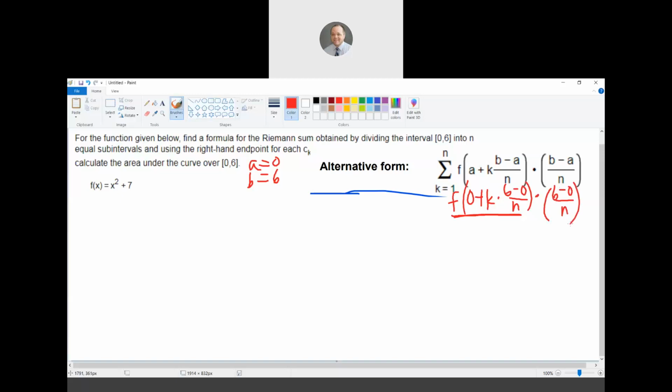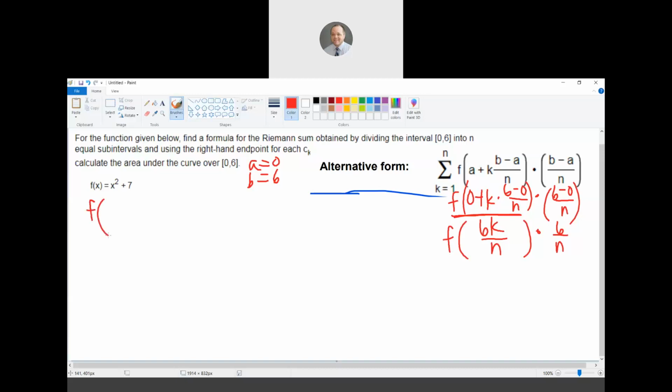So we got part of our formula done. This part, partially inside, will be 6k over n. So the 6k over n is what we're plugging into our original x in our function.